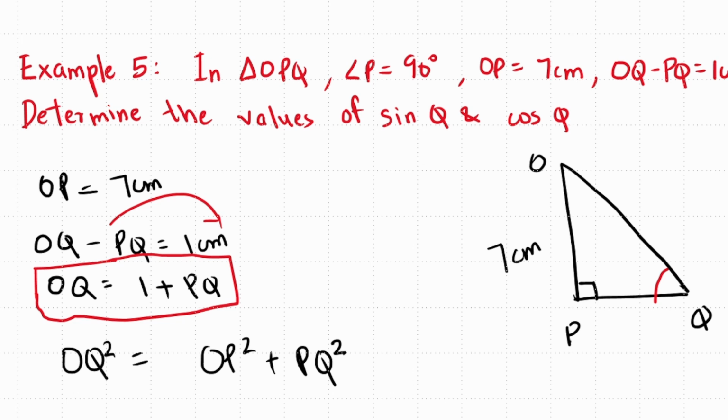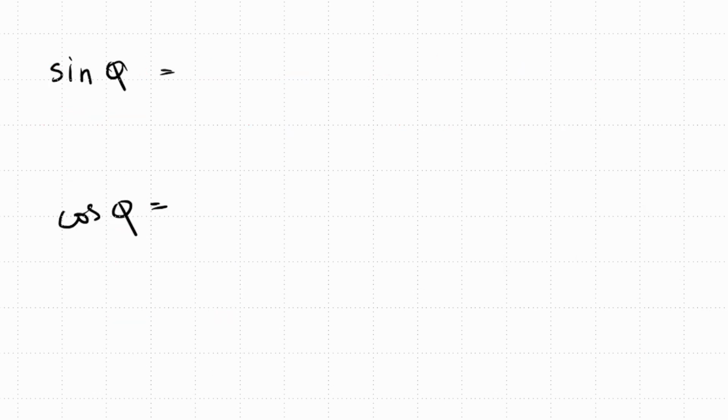Opposite side is OP, which is 7, and this is the hypotenuse, which we found out to be 25, and this is the adjacent side, that is PQ, which we found out to be 24. So sine Q is opposite by hypotenuse, 7 by 25, and cos Q is adjacent by hypotenuse, so it is 24 by 25, and this is how we solve it.